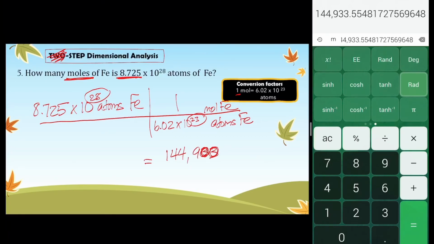To write our answer in scientific notation, we'll need to move the decimal point over 1, 2, 3, 4, 5 places to the left. And remember, when we go left, we add to our exponent. So 1.449, 4 significant digits, times 10 to the power of 5. Since we canceled out atoms, our final answer is in moles of iron.